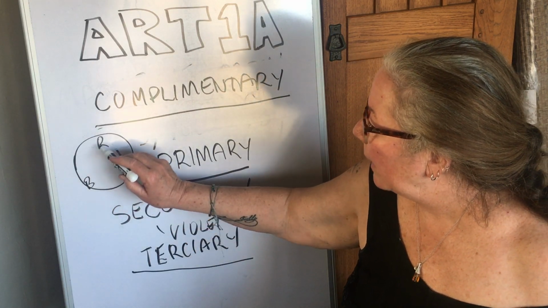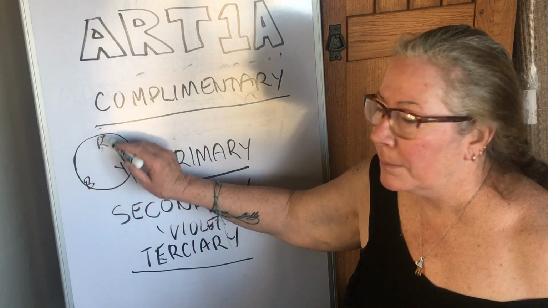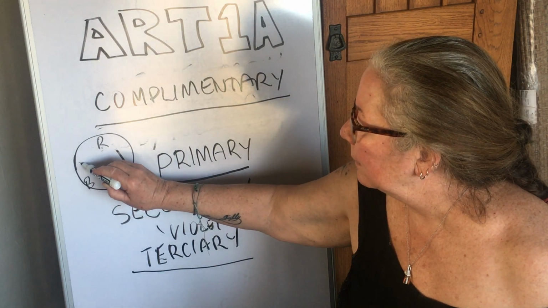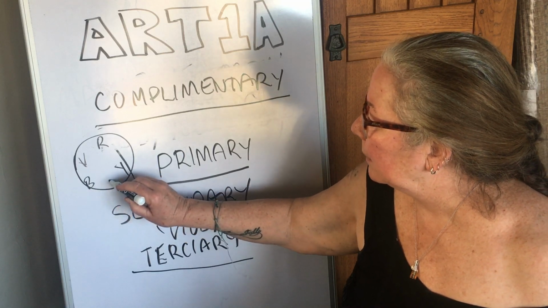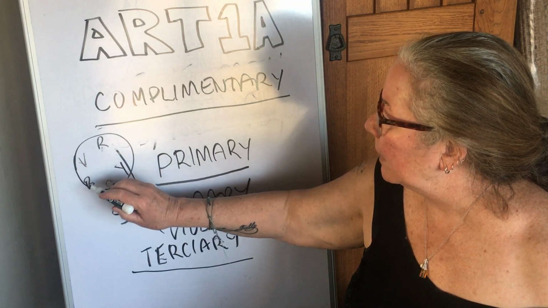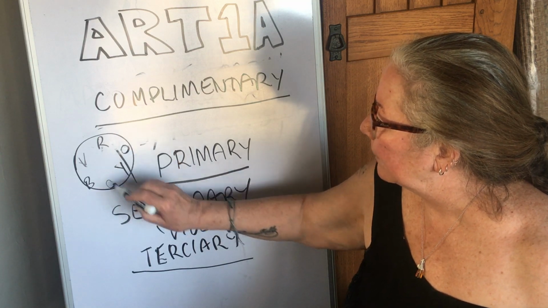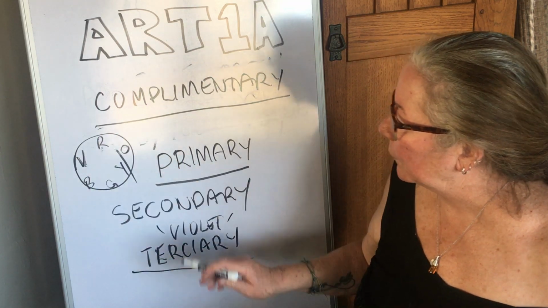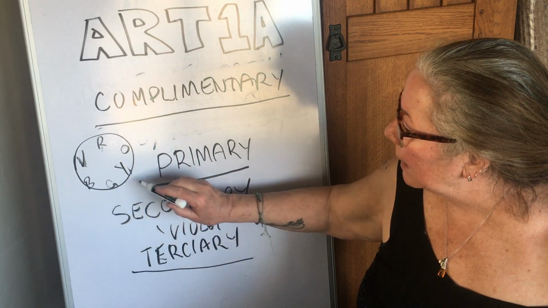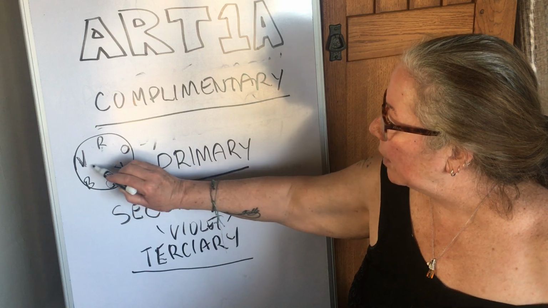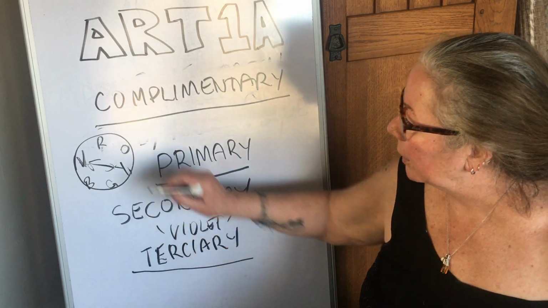And then you have your secondary colors of what's red and blue make? Violet, right? What's blue and yellow make? Green. And what does red and yellow make? Orange, right? So we'll have those colors on there so that when you're looking opposite, the opposite of yellow would be violet, right? So that would be a complementary color.